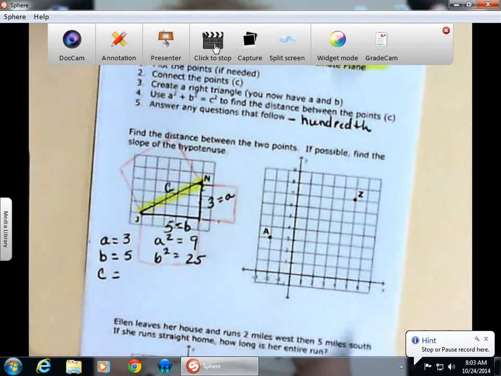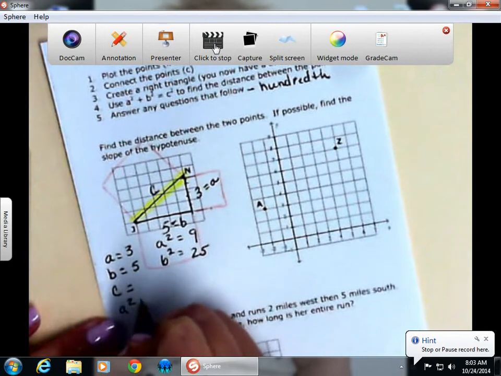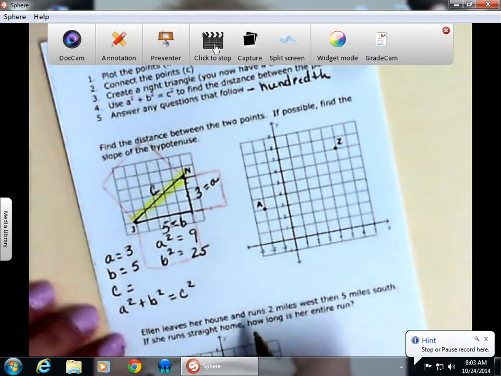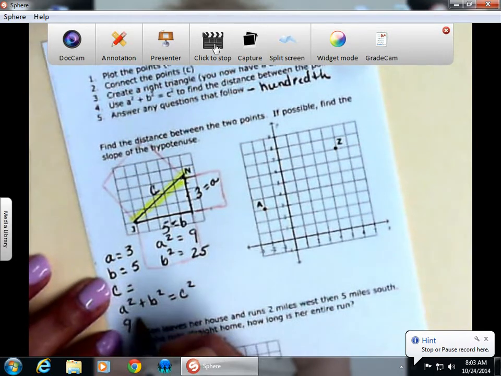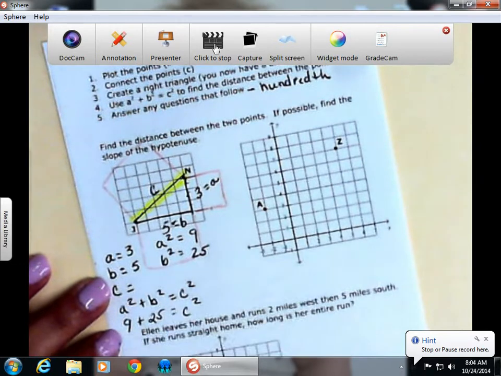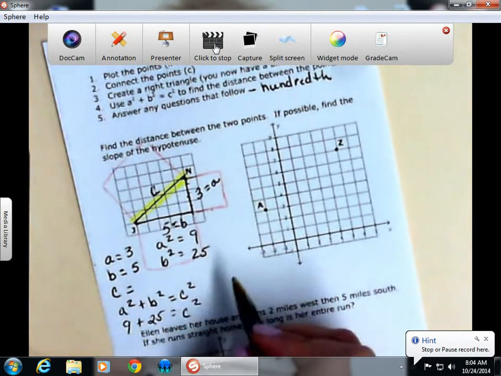So we have A squared plus B squared equals C squared. Our A squared is 9 plus B squared 25 is equal to C squared. 9 plus 25 is 34. So 34 equals C squared.